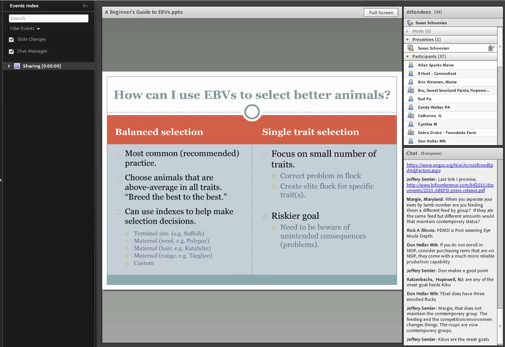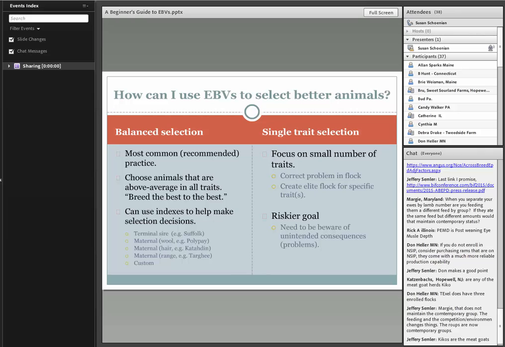How would you actually use these numbers? Well, the most common way to use EBVs is to do what we call balanced selection, meaning I don't just select the one with the heaviest weaning weights or the best parasite resistance, but I select for a balance of traits based on what I'm interested in. I could choose animals that are above average in all traits.